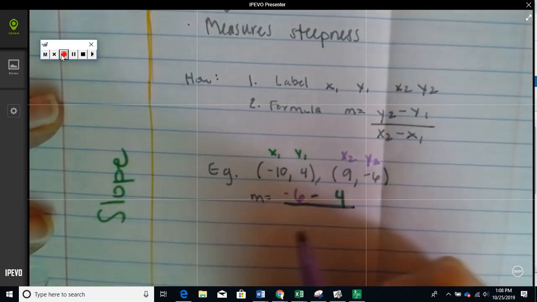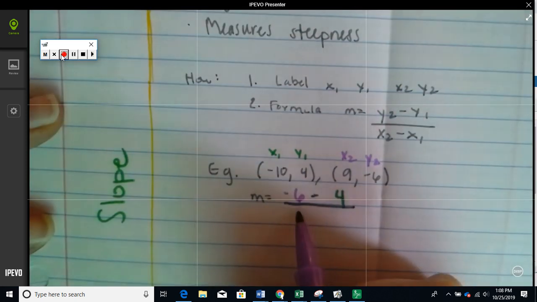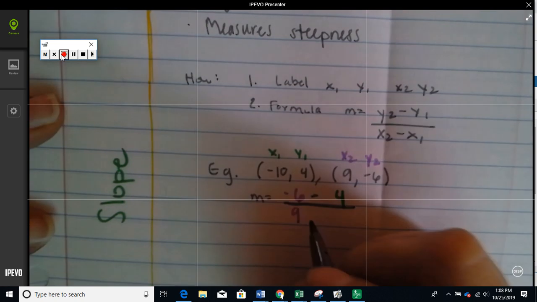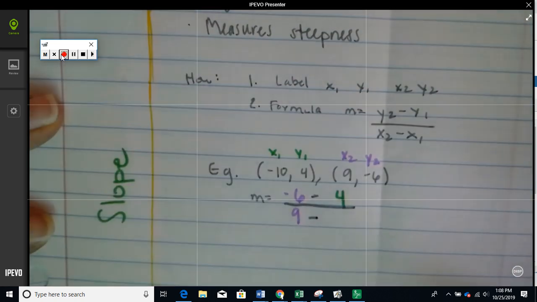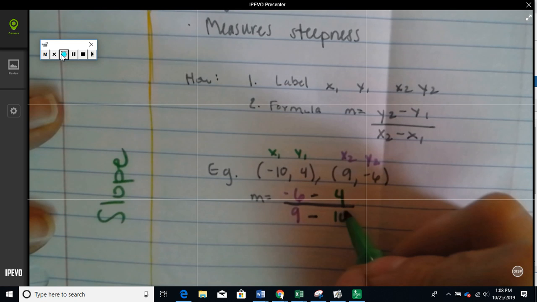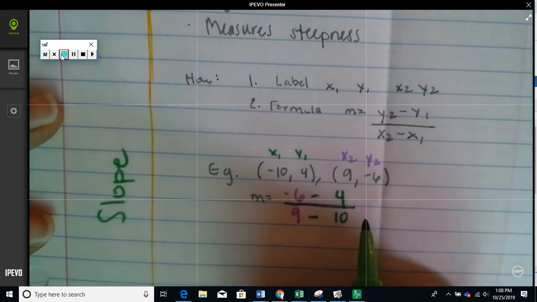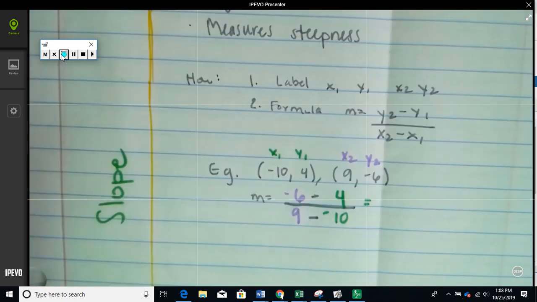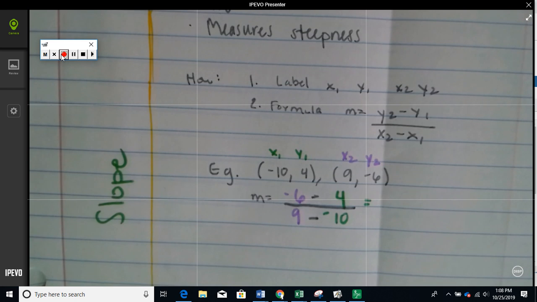So the x is 9. Thank you. Exactly. Minus 10. No, it's not 10. It's negative 10. Alright, and we would put that in the calculator, or we could do the problem and solve it in our head.